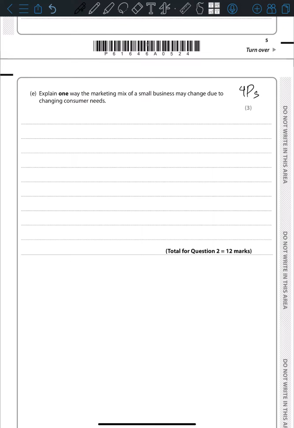So suppose there is a new trend that is happening, and our customers want a different sort of a product, different from what we currently produce. So that would lead us to make changes to our product. So the first point would be, might need to make changes to our product.